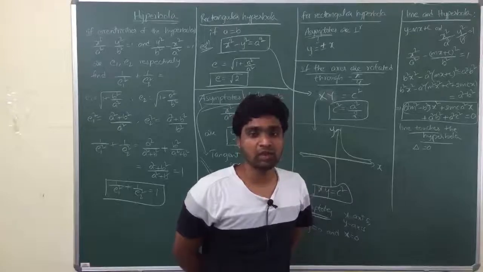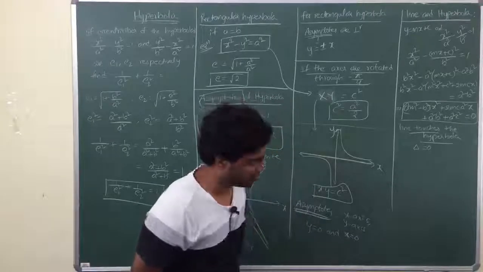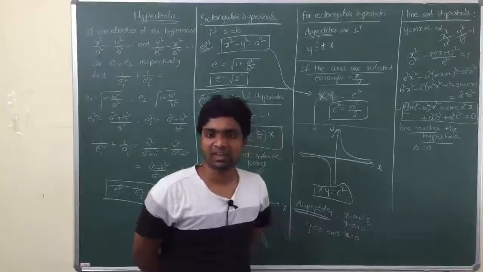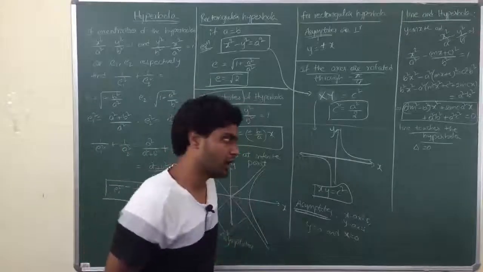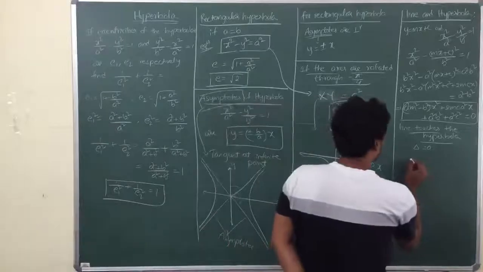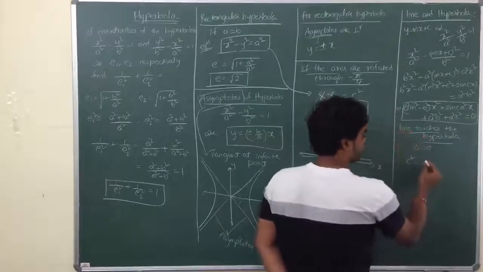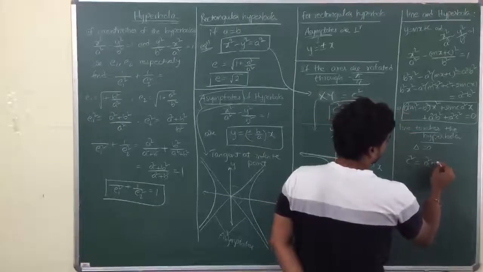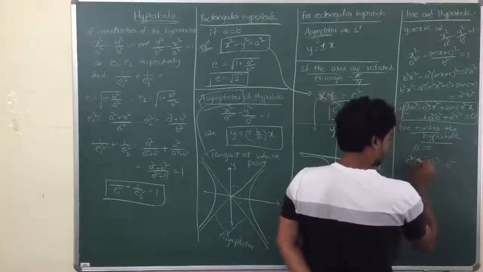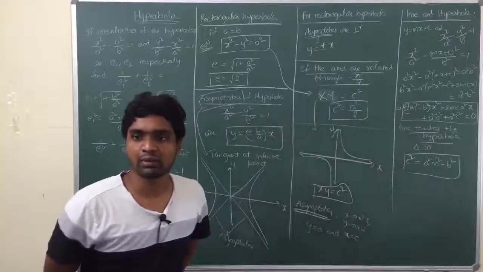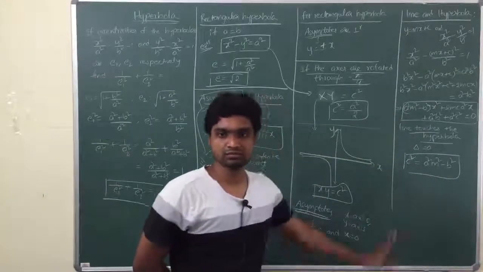So what I told you earlier: replace b square with minus b square, you will get the formula of hyperbola. So now we'll get here c square is equal to a square m square minus b square.